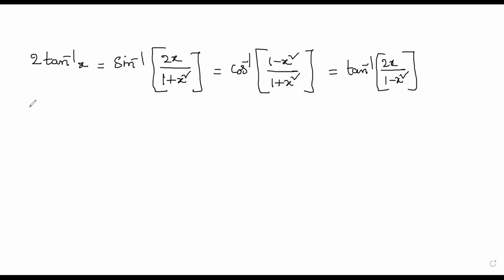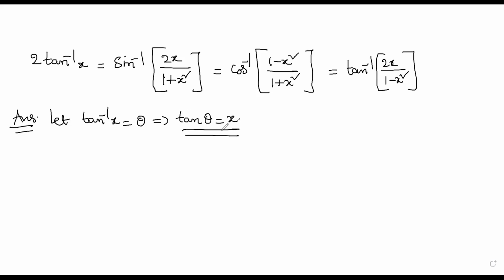For this we will do a simple thing. Let tan inverse x be theta, we assume. So tan theta happens to be x. Now 2 tan inverse x means 2 theta. First let's find sine 2 theta.